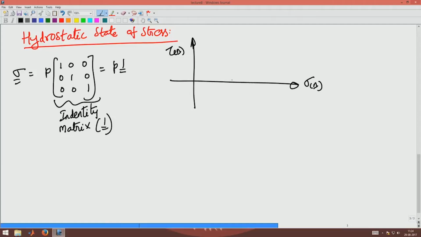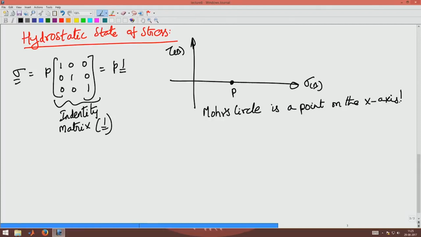So, this will be a point on the Mohr circle, at a distance P from the origin. So, the Mohr circle is a point on the x axis. It is not a circle.